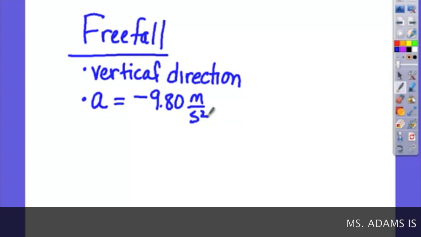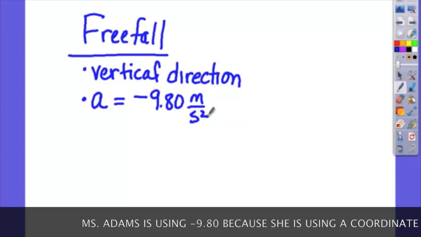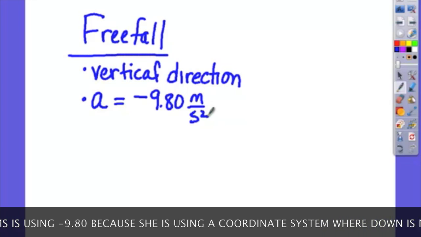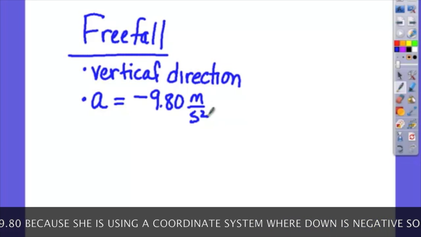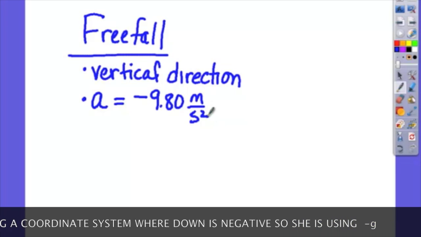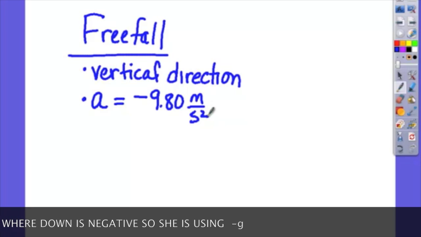When an object is in free fall, it is actually the state of an object that is acted upon only by the gravitational force of Earth. So there's no other forces, no drag, no friction. It is only due to the gravitational pull from the Earth. That means that we're going to generally use dense objects so that there is very little implication of air resistance.